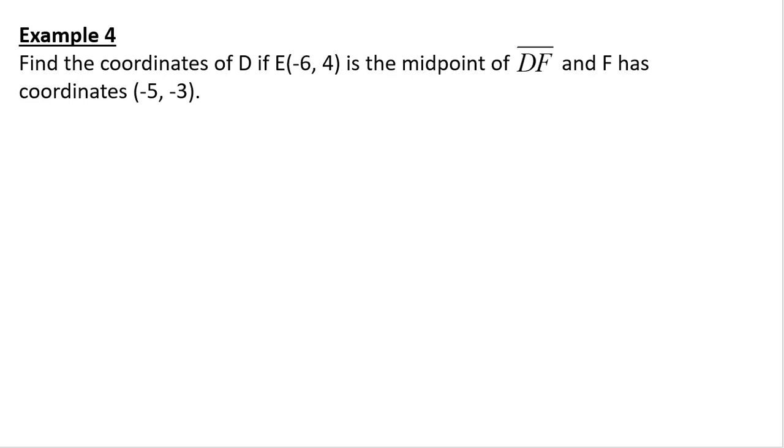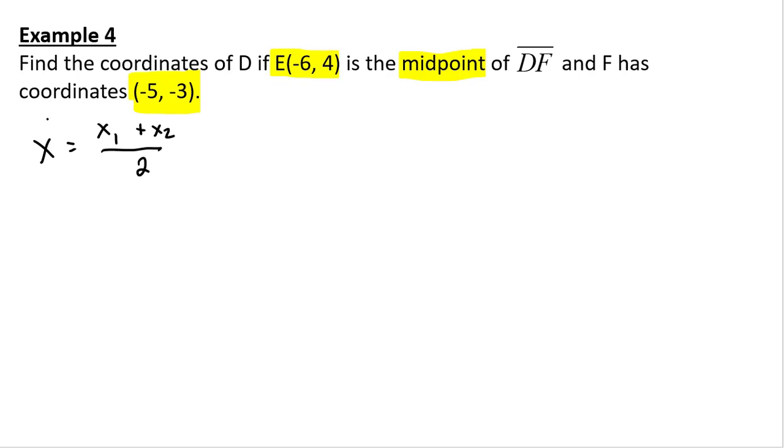In this example, we need to find the coordinates of D if E is the midpoint. So E is the midpoint of DF, and F has coordinates of negative 5, negative 3. So let's talk about this. Remember, we get the midpoint by doing x1 plus x2 over 2.